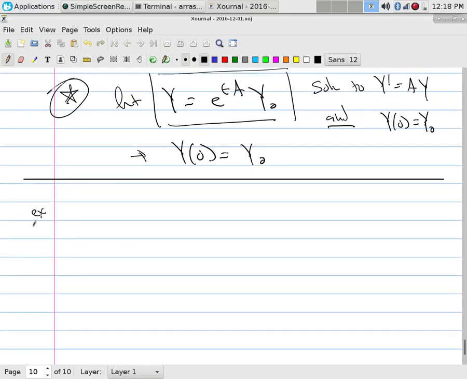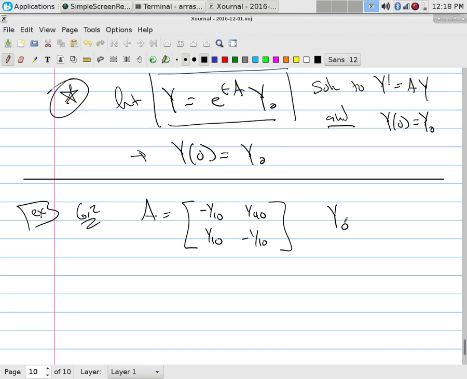Let's go back to our mixture problem from 6.2. 6.2 had this tank mixing problem, and the example in there was A equal to negative 1/10, 1/40, 1/10, negative 1/10, with initial state of 60 grams of salt and no grams of salt in the two tanks.